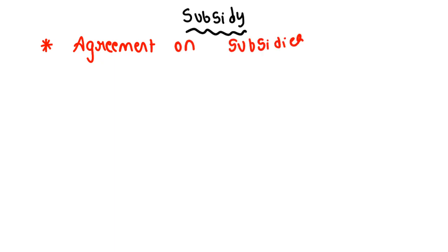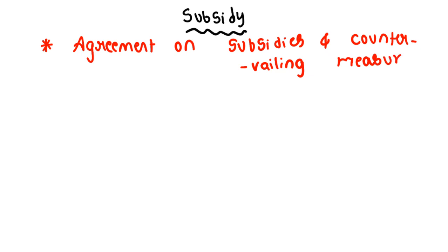But when we see a few international agreements, let's consider this one: the agreement on subsidies and countervailing measures. Here I am going to explain it. There is one agreement, and that agreement is on subsidies and countervailing measures.